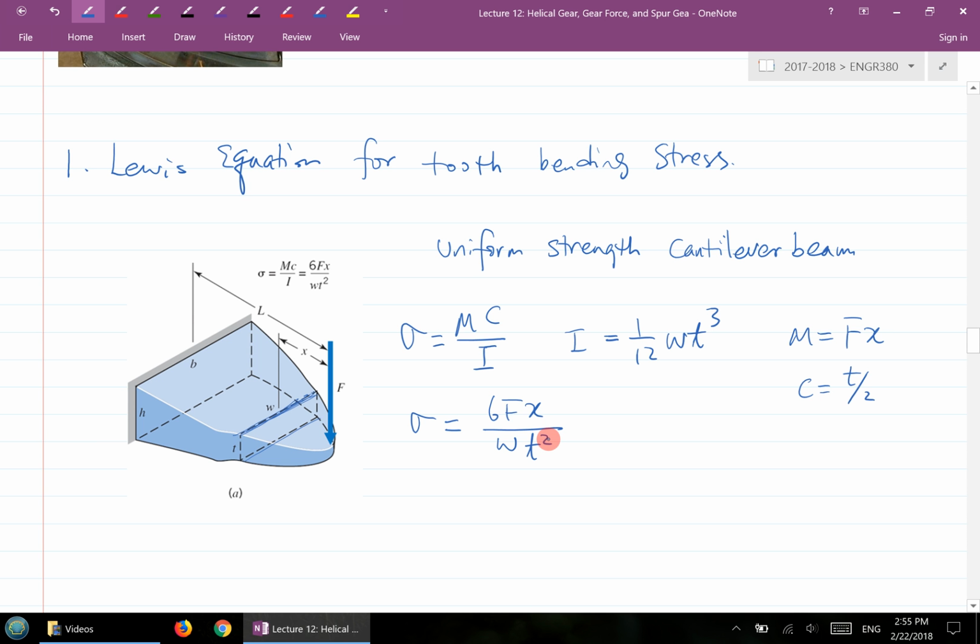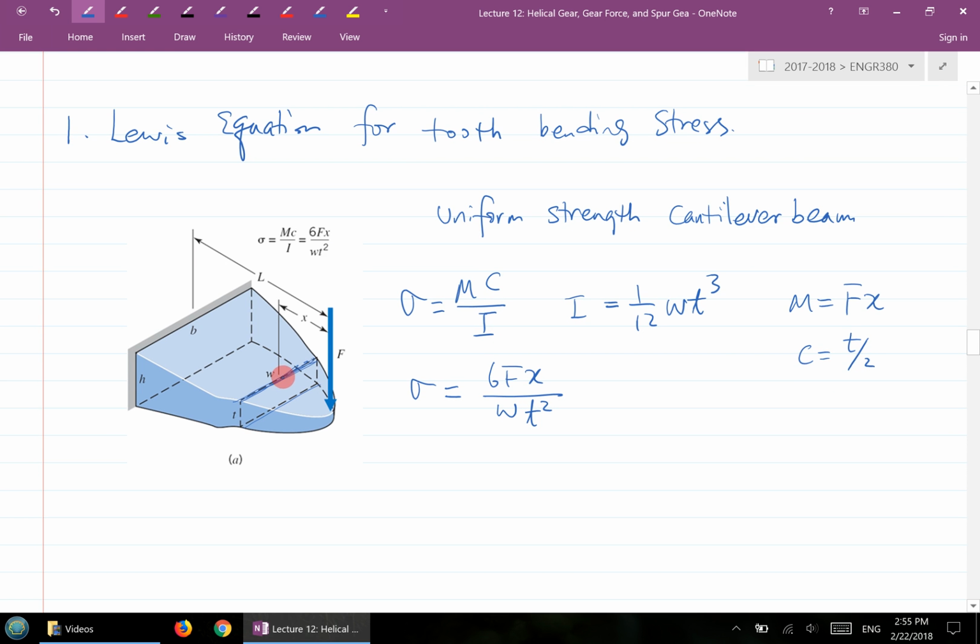So for this particular cantilever beam, the stress at any X location, our bending normal stress, is this much.